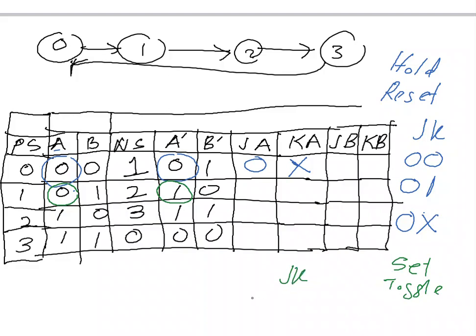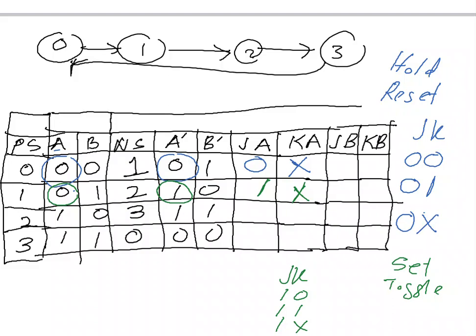The value for JK, if set 1 0, if toggle 1 1. So K can take any value 0 or 1, J is 1, so 1x. We will write 1x here.